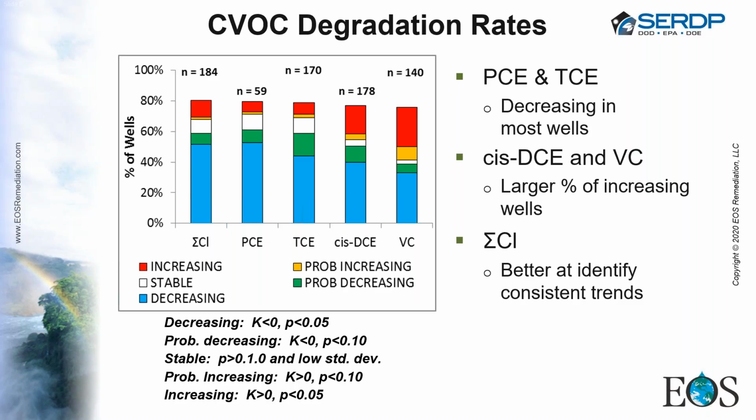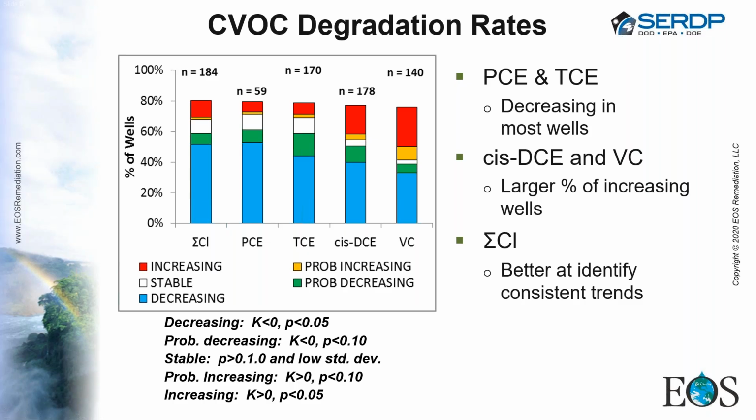The reason it doesn't add up to 100% is some of them had no trend. Stable was actually stable. There are a certain percentage of wells where it would go up, down, and we couldn't extract any trend, but I don't want to call it stable. It was just crazy.